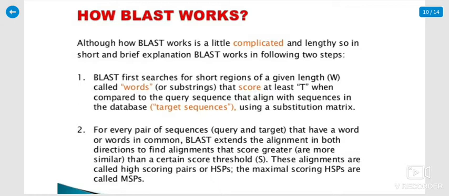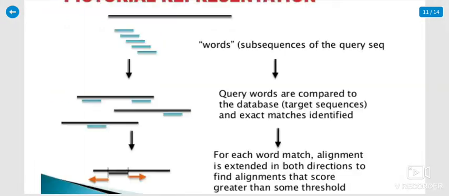These alignments are called high scoring pairs, HSPs. The maximal scoring HSPs are called MSPs.